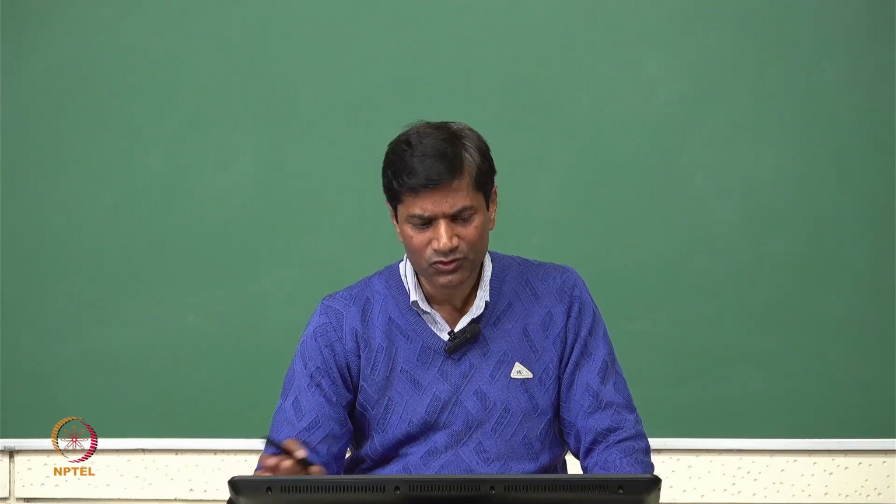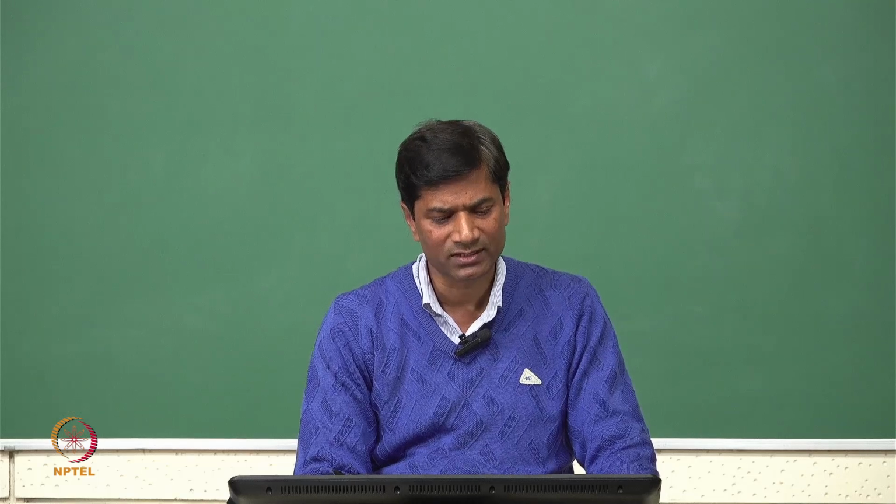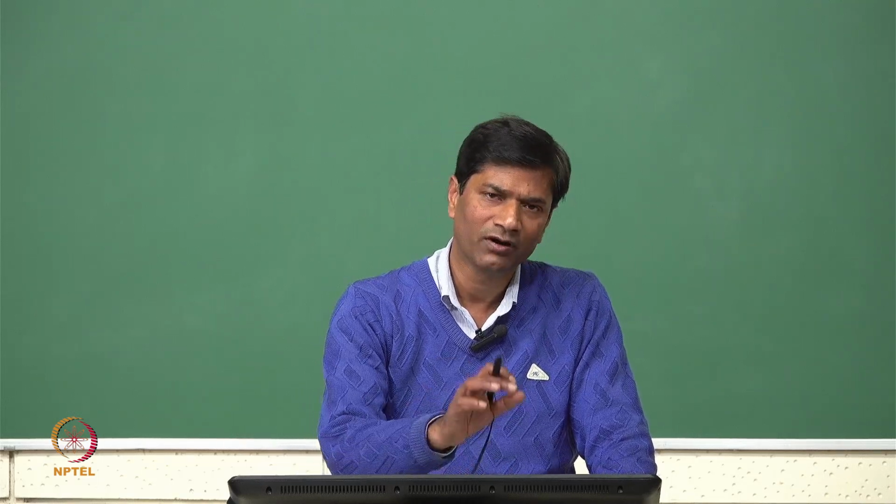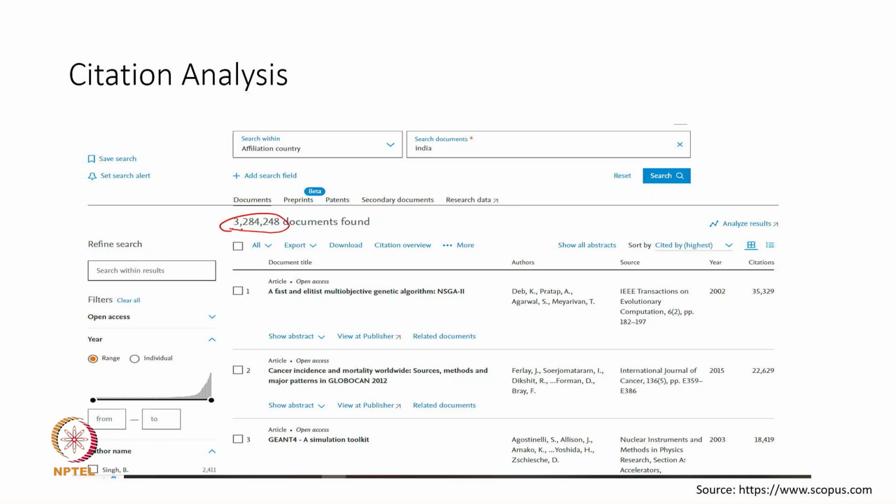If we use the same database, that is Scopus, and our earlier result of 3.2 million articles from India, and try to find which article has the maximum number of citations, then we come to know there is an article published in IEEE Transactions on Evolutionary Computation, published in year 2022, that received more than 35,000 citations.